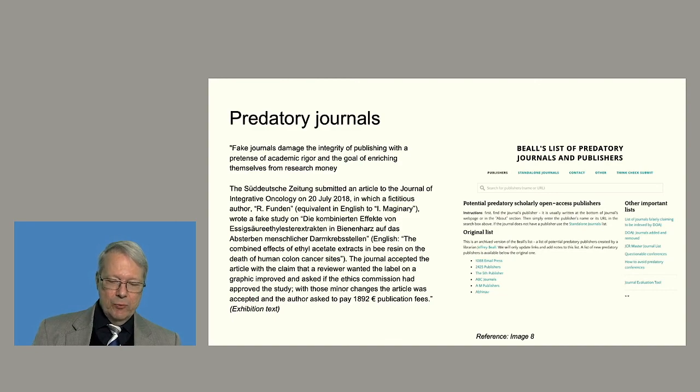And to have a revenue source for that, one of the solutions was gold open access. Meaning, if your article is accepted, then you, the author, pay for the publication costs, probably from grants you've received.